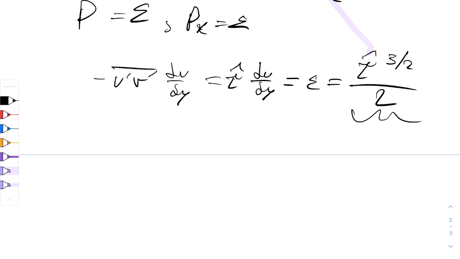Cool. And we will call this equation 50. So I think we're at 50 now.